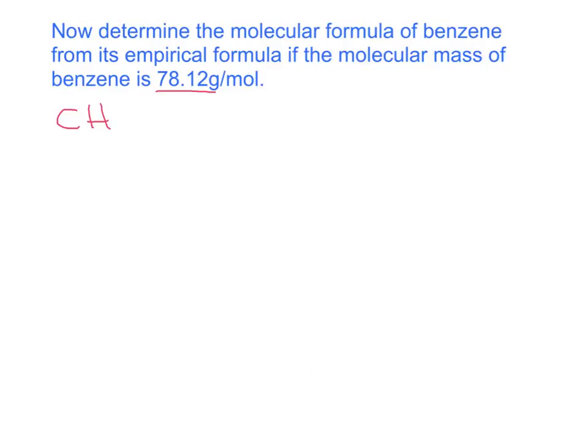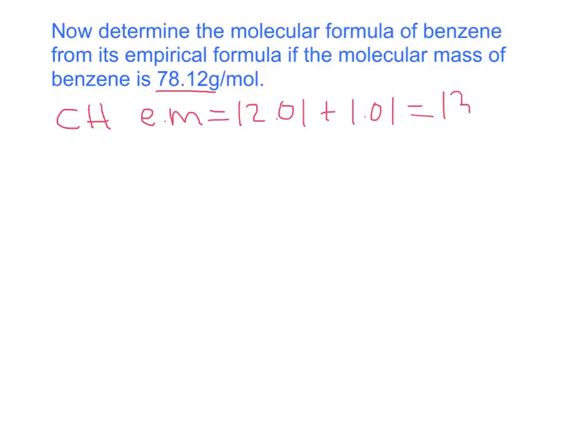So the one thing you have to keep in mind is the molecular formula is always a whole number multiple of the empirical formula. And so our job is going to be to find the whole number multiplier we need to apply to the empirical formula. So first we need to find the empirical mass of C and H. Empirical mass. And in this case, it's going to equal 13.01 or 13.02 or something like that.